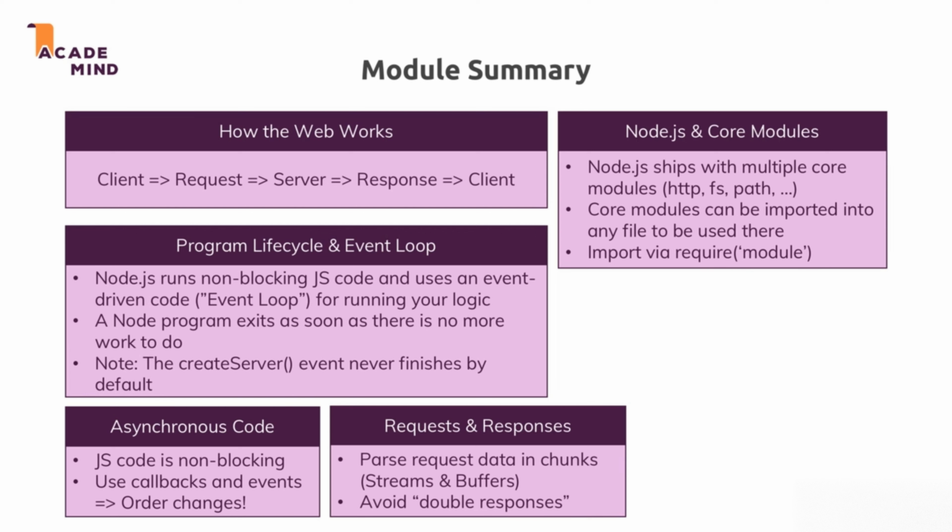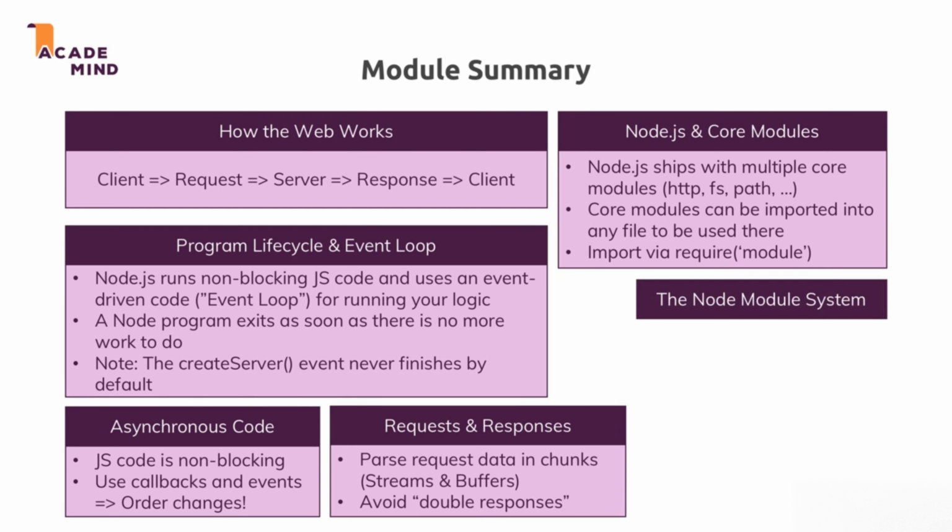These core modules give us a couple of different functionalities that allow us to basically do whatever we could ever want to do on a server, like create a new server with the help of the HTTP module. They're imported via the require syntax, and we can only use them in the file into which we import them. If we want to use them in two different files, we have to import them in both files separately.